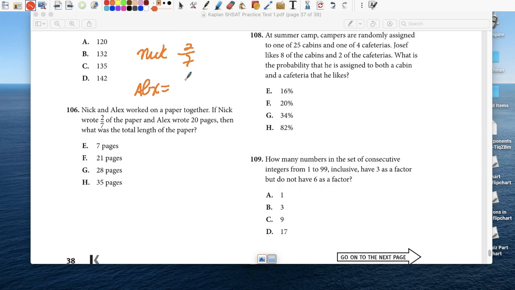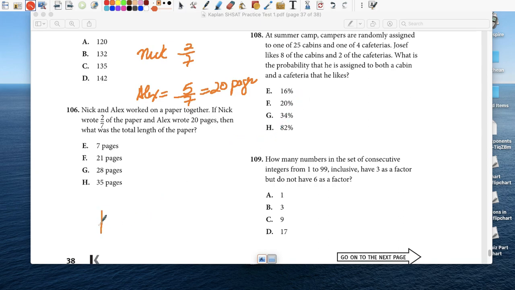Well, if Nick wrote 2 sevenths, that means Alex wrote 5 sevenths of the paper, which is the same thing as 20 pages.